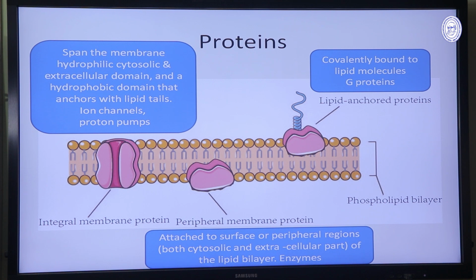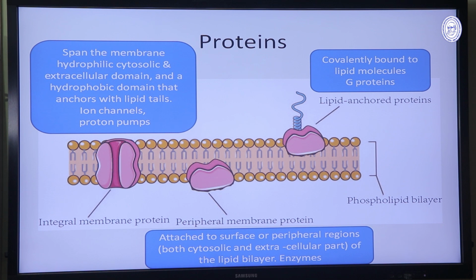The second type of protein is called peripheral membrane protein. These peripheral membrane proteins are attached to the surface either on the extracellular part or in the cytosolic part, but they do not traverse or span the whole membrane and they can get detached in a frequent manner. So, some enzymes are of this kind.